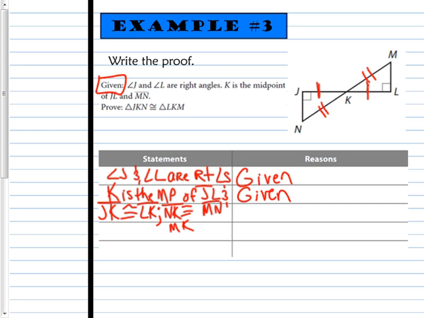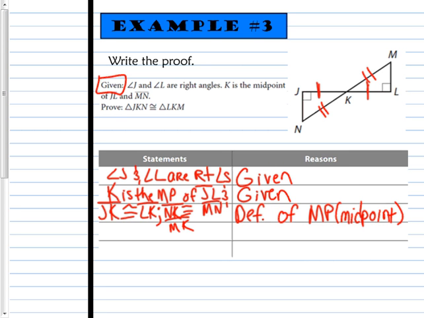And we know this to be true because of the definition of MP, midpoint. If you want to write it out so you don't forget what MP stands for, write it out. If you're comfortable, you can call it MP. If you don't know, write it out.